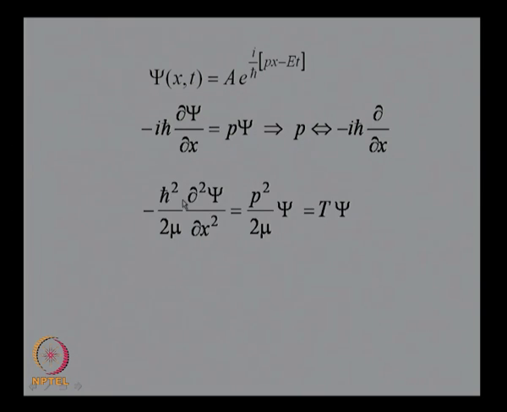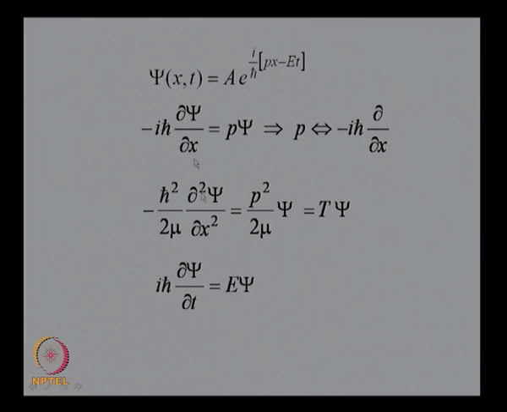I differentiate it again. Here, I am sorry, I have written the mass as mu: minus h cross square by 2 mu delta 2 psi by delta x square. And for p square, if I differentiate this twice, I will get i by h cross whole square p square. So h cross square will cancel out, and p square psi, p square by 2 mu is the kinetic energy, times psi.